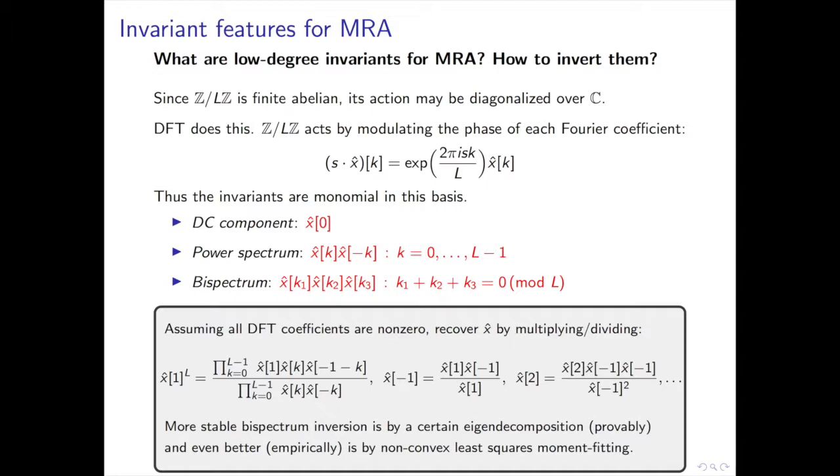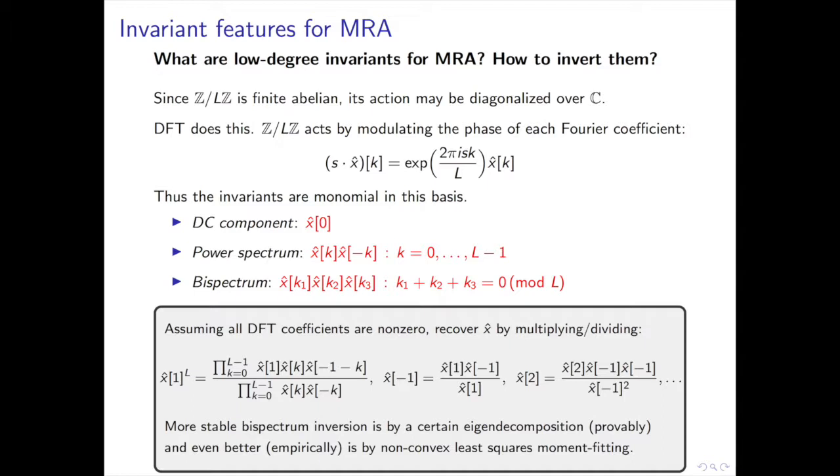Now just choose an nth root. This essentially kills the group ambiguity, because the ambiguity of the group is exactly an nth root of unity. Once you have x hat of 1, you can easily get back the other DFT coefficients. So this tells you how to get back the orbit of x hat, provided all the DFT coefficients are non-zero.